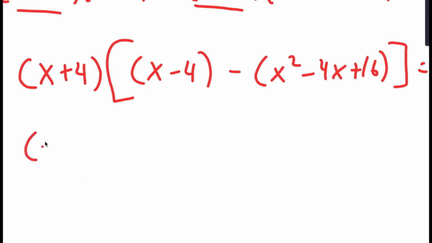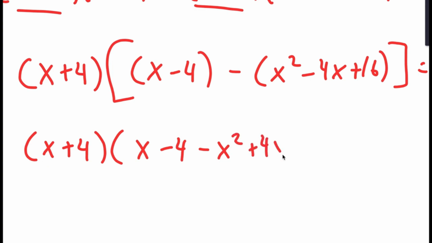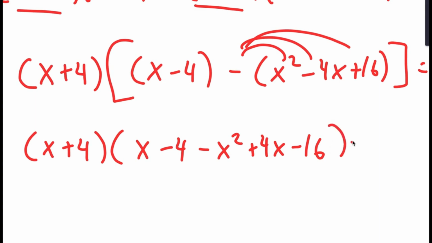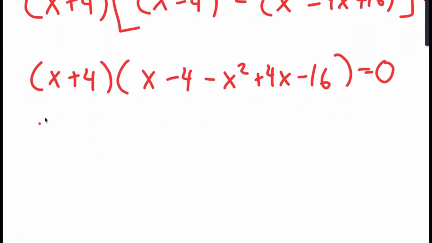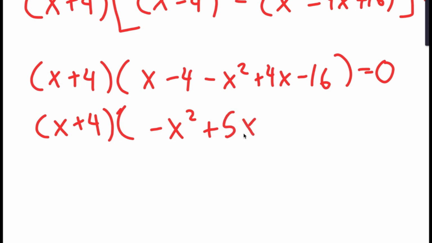Now from here, this is equal to x plus 4 times x minus 4 minus x squared plus 4x minus 16, I just distribute the negative sign, is equal to 0. And let's simplify this even more. I get x plus 4 times negative x squared plus 5x minus 20 is equal to 0.